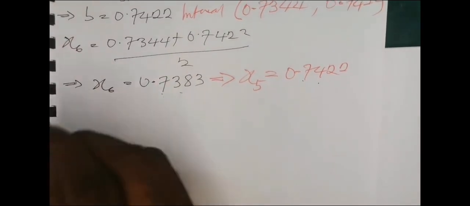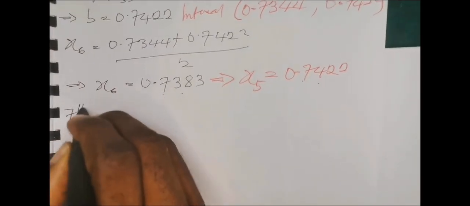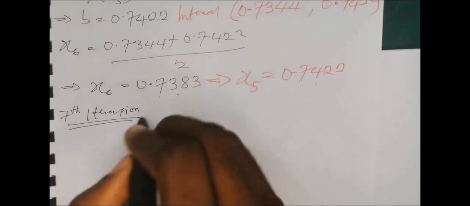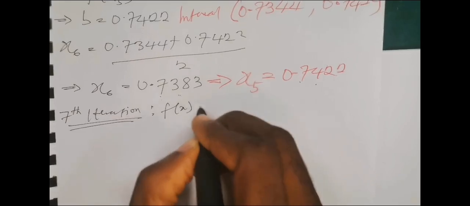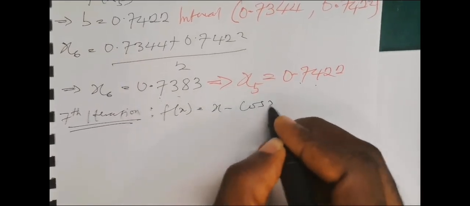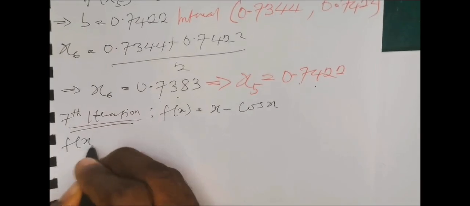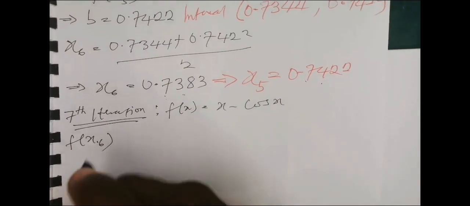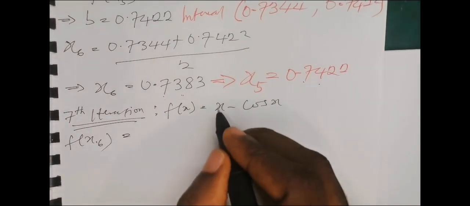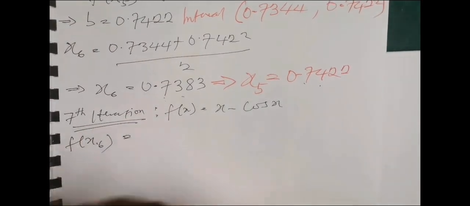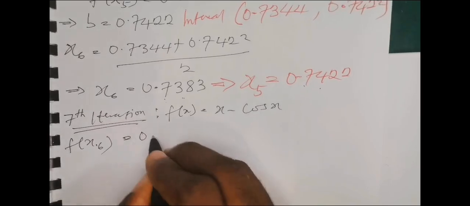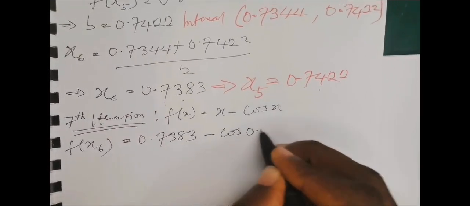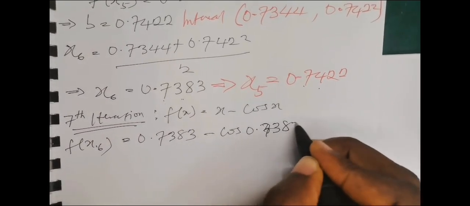So we'll carry on with the seventh iteration. Not forgetting f of s is equal to s minus cos s. Now we find f of s6, simply plugging the value of s6 in the function. In place of s, we plug in s6, which is 0.7383, minus cos 0.7383.